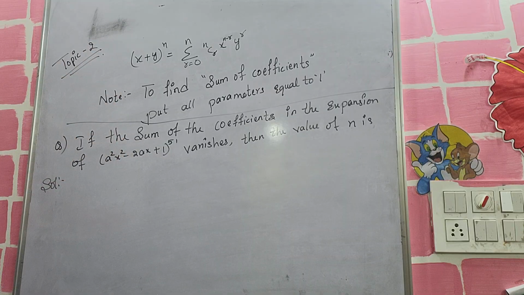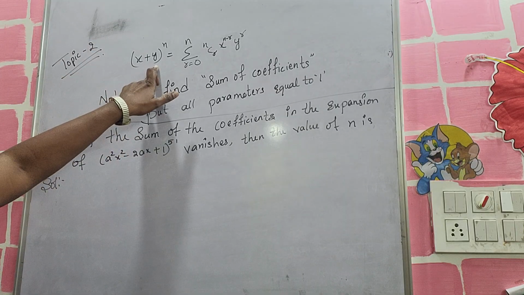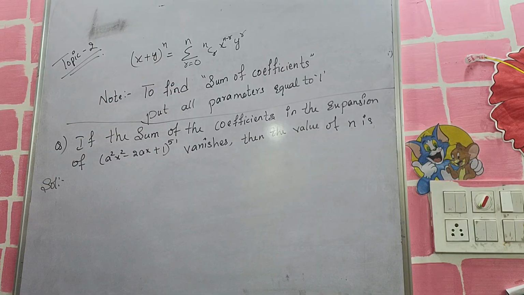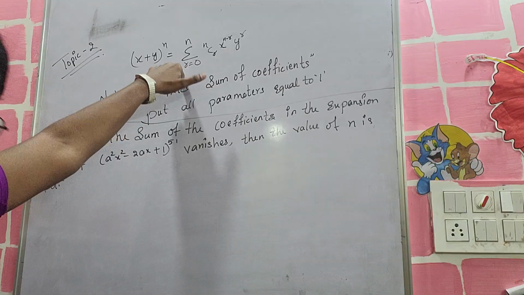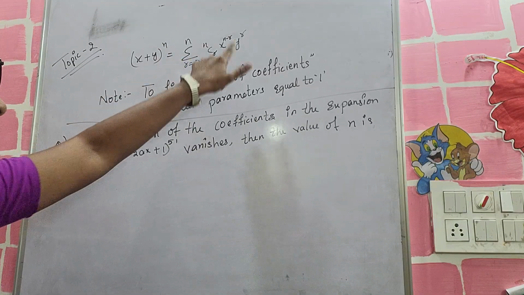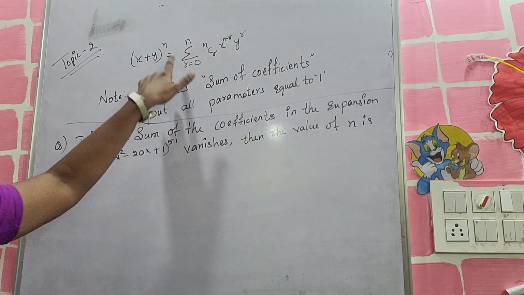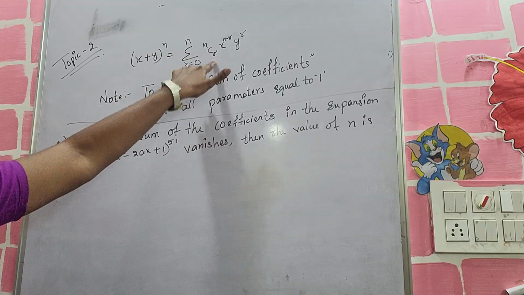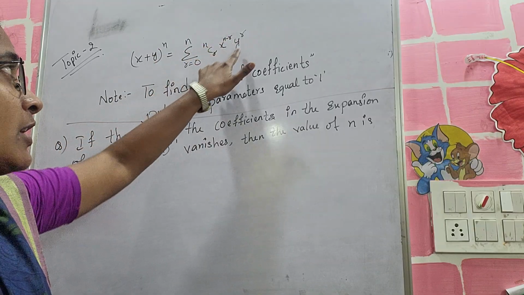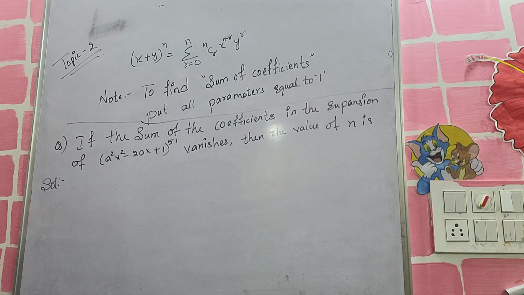Some problems we will do. Here is x plus y whole power of n, binomial expression. If I do it in the form of the sigma formula, we already discussed this part. Sigma r is equal to 0 to n, nCr x power of n minus r y power of r. Right? This is the formula.